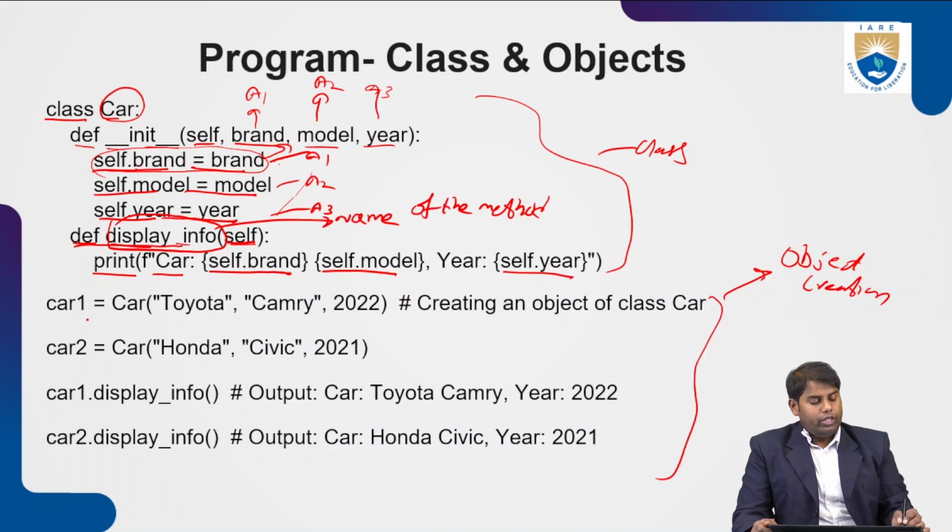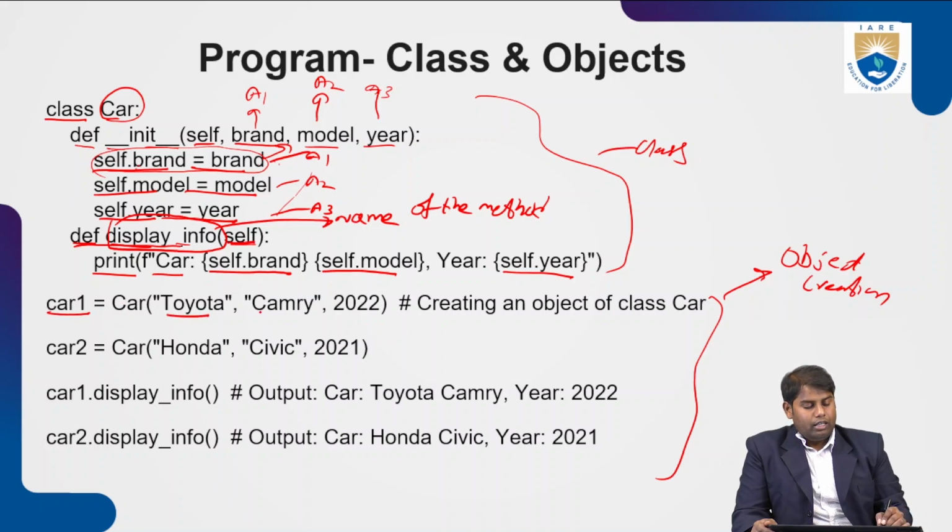Here you can see car1 is Toyota Camry 2022. Next, car2 is Honda Civic 2021. So we are creating the objects, and the object names are car1 and car2. The attributes that we are passing are Toyota, Camry, 2022 for object 1, and similarly for object 2, which is car2.